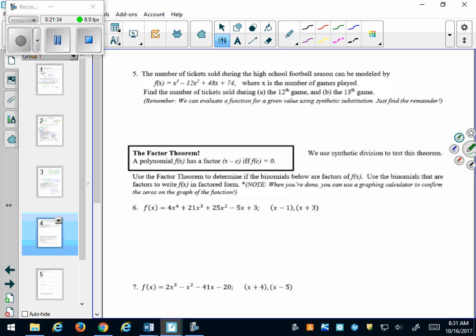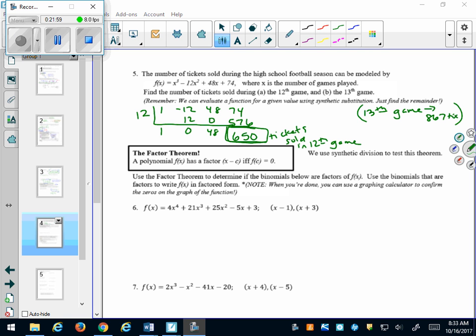So we're going to take the 12 on the outside, and we're just going to say 1, -12, 48, 74. And whatever comes in this box is the number of tickets sold for the 12th game. Why don't you do that one, and we'll just check.